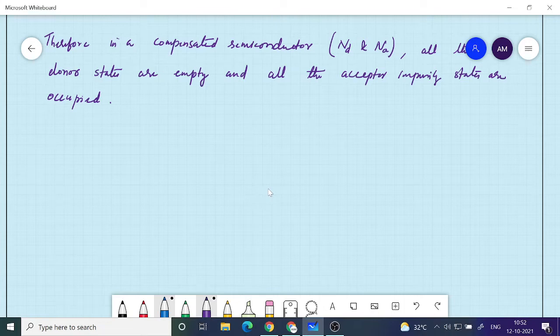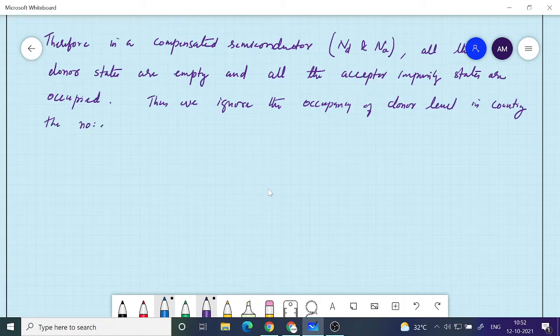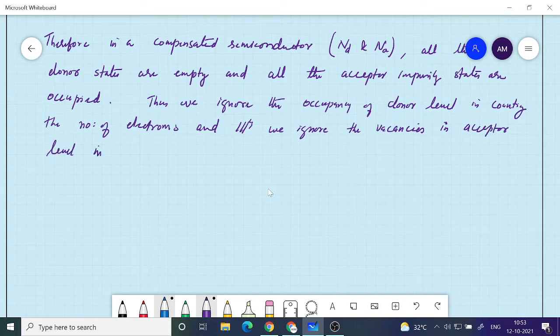Therefore we ignore the occupancy of the donor level in counting the number of electrons, and similarly we ignore the vacancies in the acceptor level in counting holes.